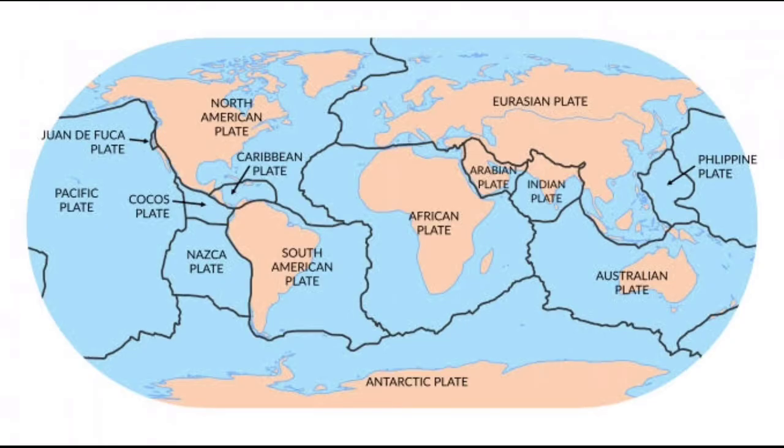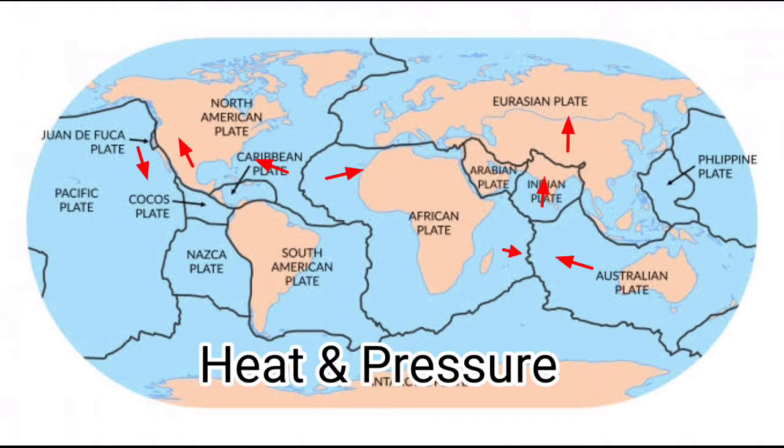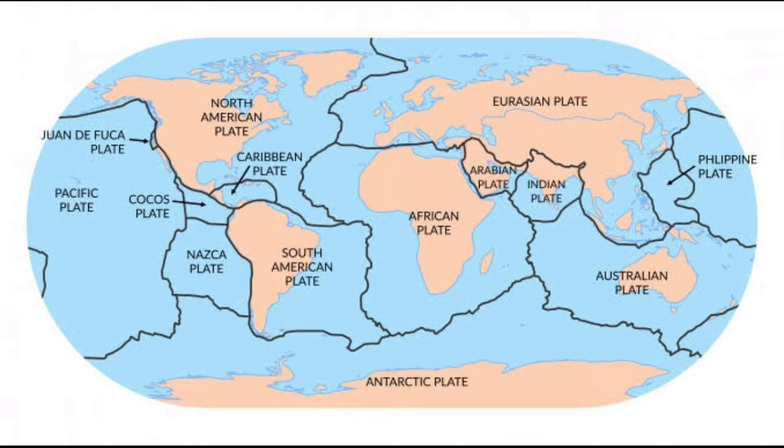So based on the occurrence of these volcanic activities and earthquakes, the different plates were divided on the earth's surface. There are 7 major plates and dozens of minor plates. However, those plates are not still in one place. They are constantly on the move due to the heat and pressure present inside the earth.